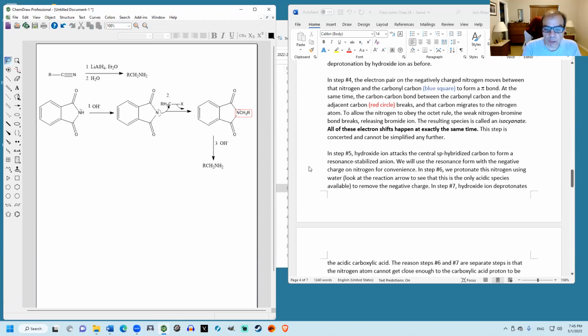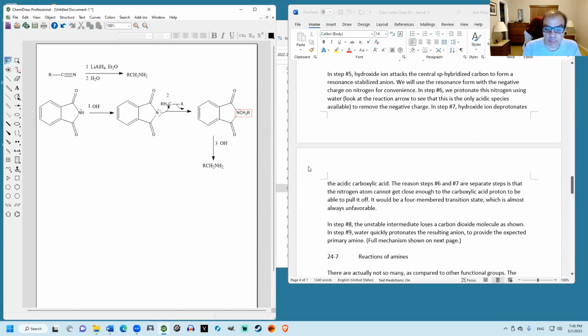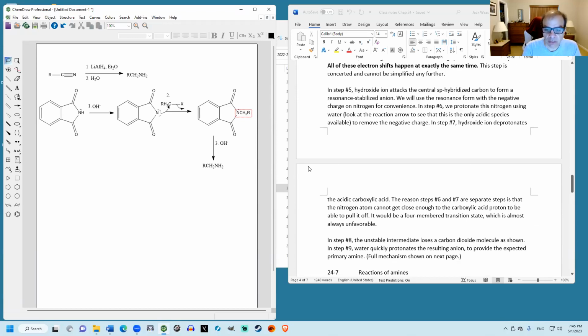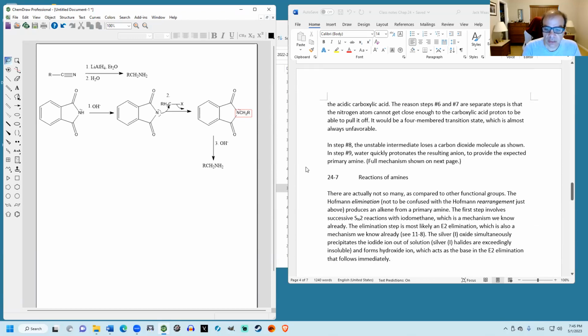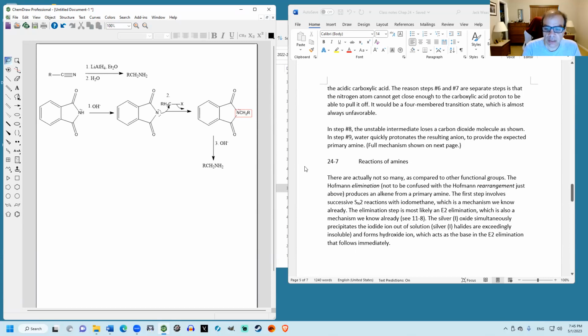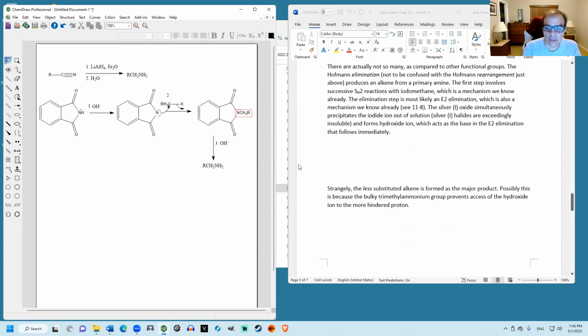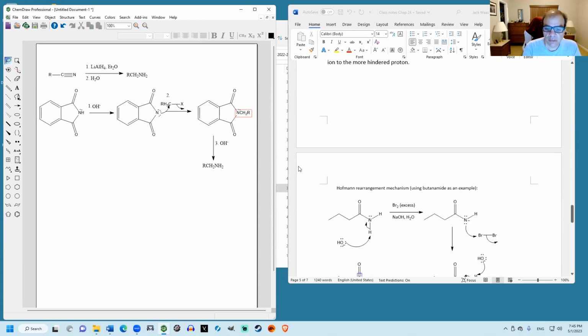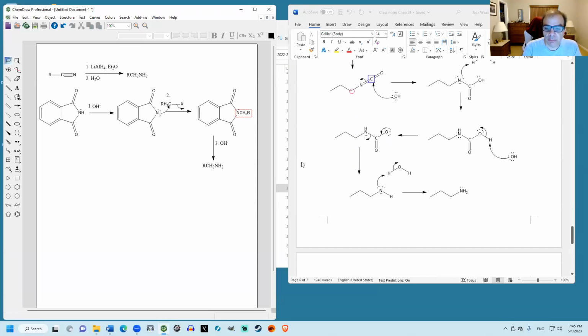This chapter had both the Hofmann rearrangement and the Hofmann elimination, which is unfortunately confusing. And we gave the Hofmann rearrangement mechanism.